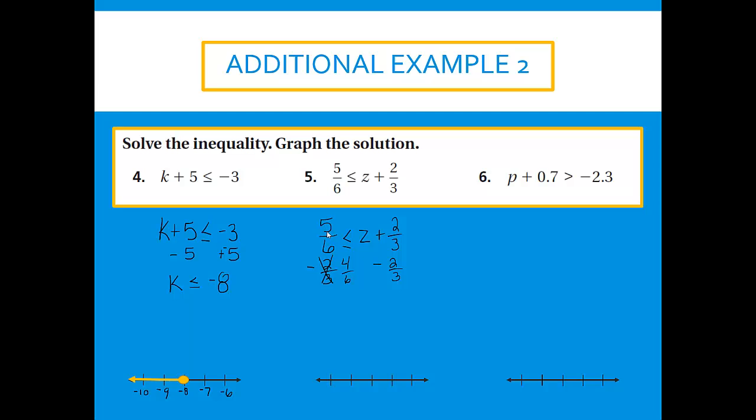So I can think of this as being 5/6 minus 4/6, which would be 1/6. So I have 1/6 is less than or equal to z, which I can then rewrite as z is greater than or equal to 1/6.